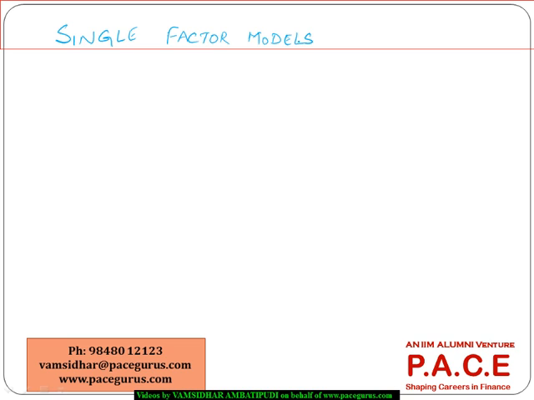In a single factor model, we try to associate the following relationship. Let me first write down the expression. A_i is equal to beta_i times M plus square root of 1 minus beta_i squared times epsilon_i.